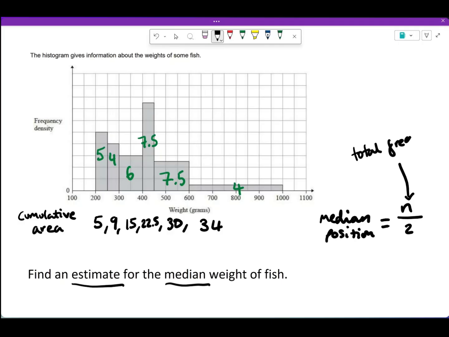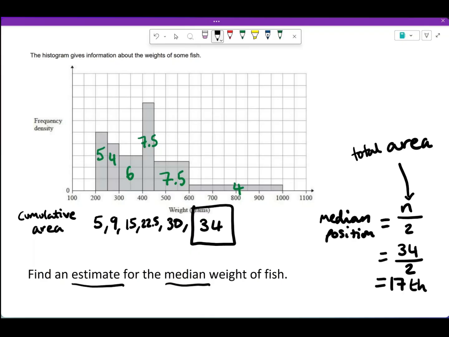Of course, we don't have frequency in this question. We're using area to represent the frequency. So in my case, the total frequency is going to be the total area instead. So we need to do the total area, which is the 34, and divide by 2. So 34 divided by 2 gives me 17. So the median position is the 17th fish when we line them up in weight order.